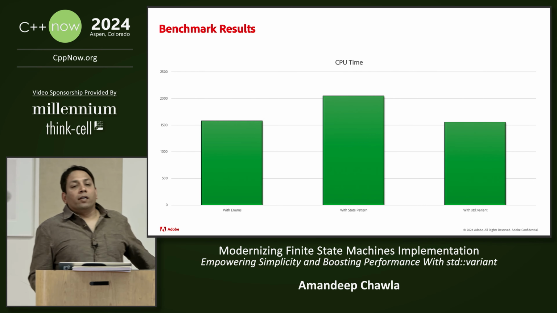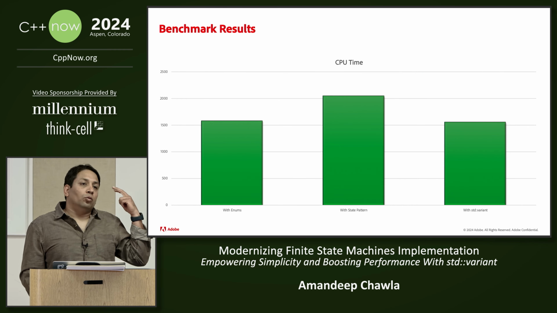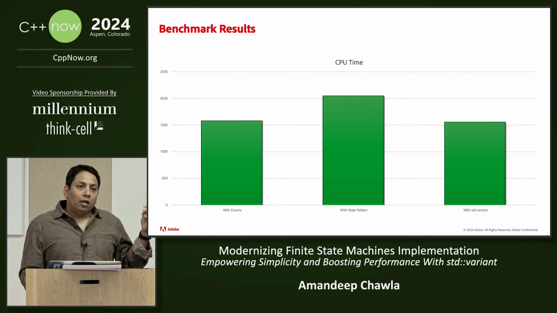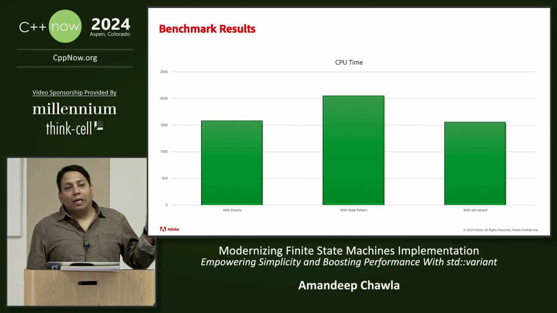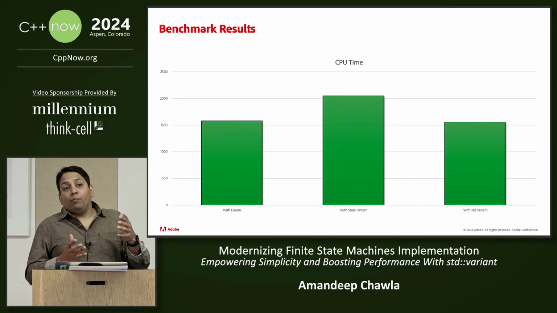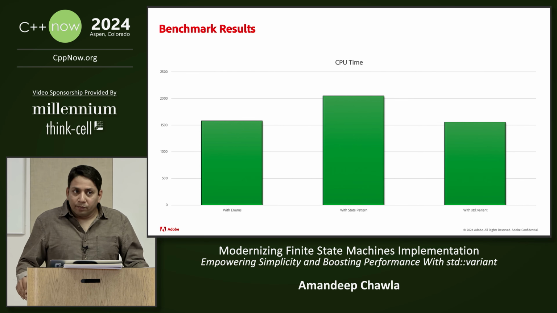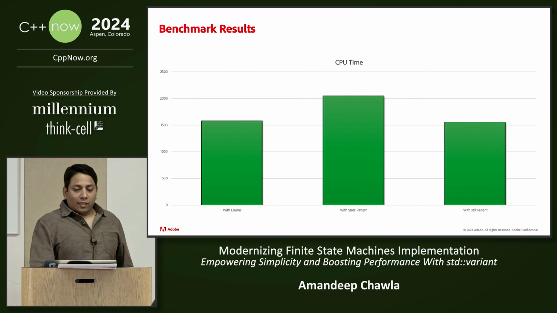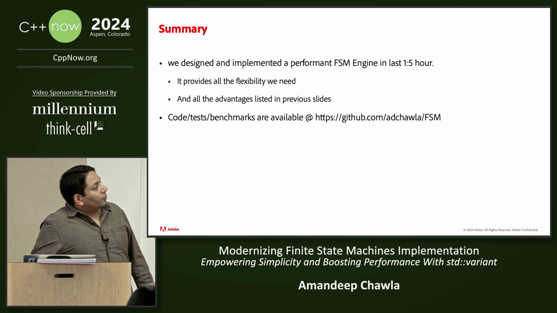Plus, all the advantages we have seen: there are no virtual functions, there is no dynamic allocation. Our system is an algebraic sum type, so we don't have to worry about resetting something, forwarding, or all that stuff. Our states can be easily unit tested in isolation. So this was what I implemented.